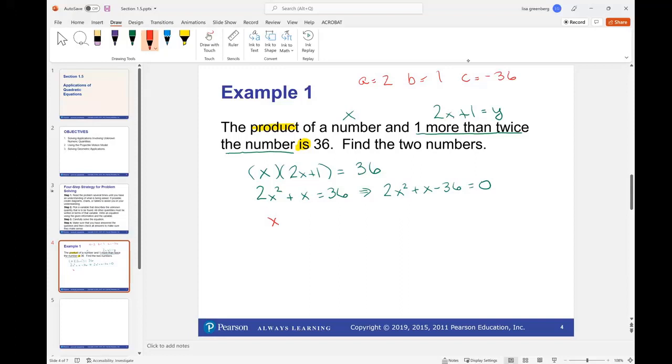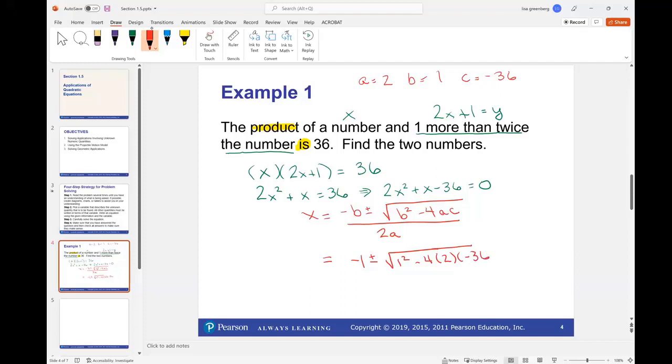Okay, so the quadratic formula is negative b plus or minus the square root of b squared minus 4ac over 2a. So I would get negative b, so that would be negative 1 plus or minus the square root of 1 squared minus 4 times 2 times negative 36 over 2 times 2, because a is 2.